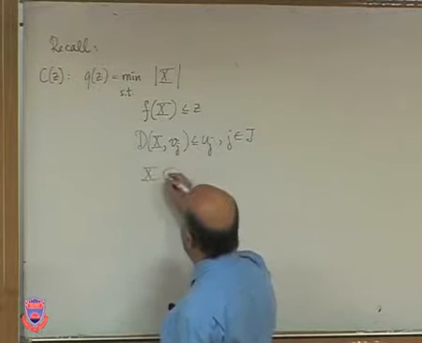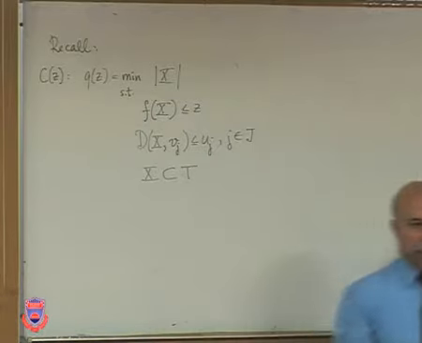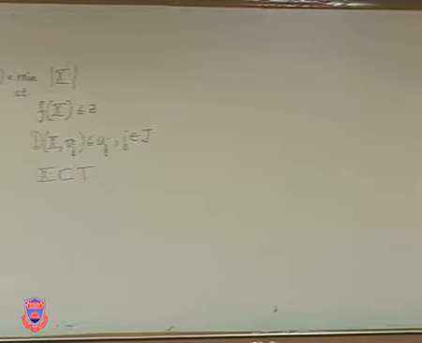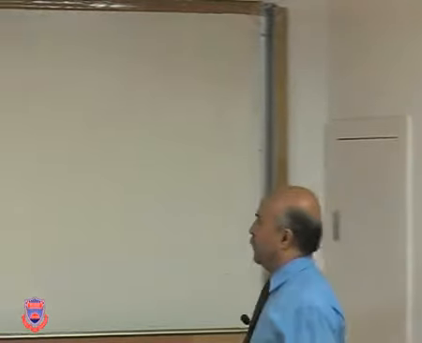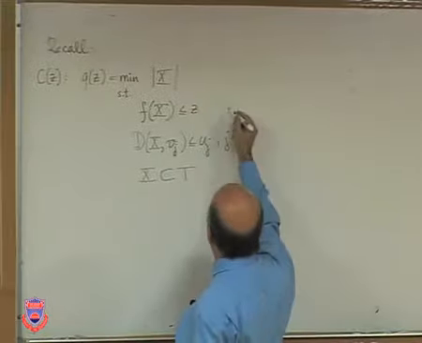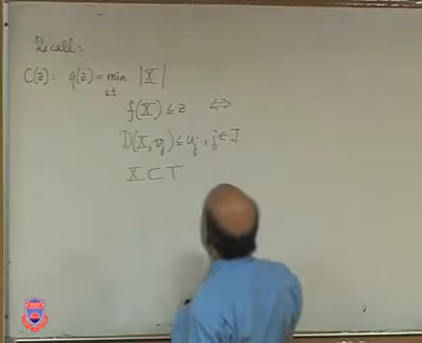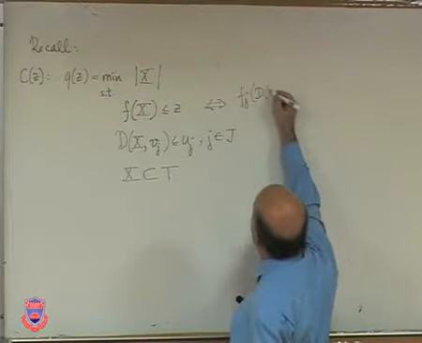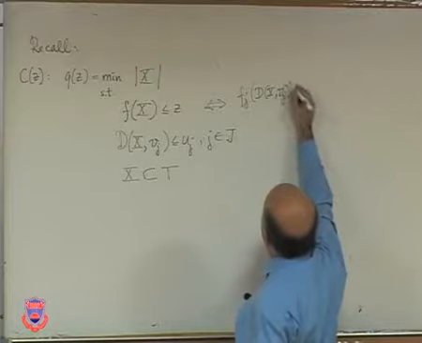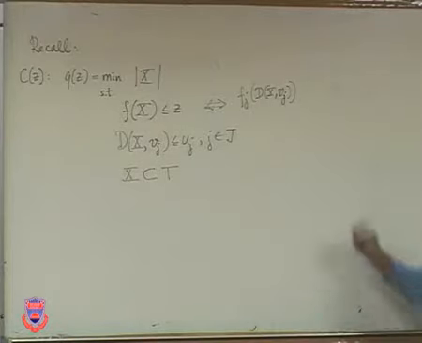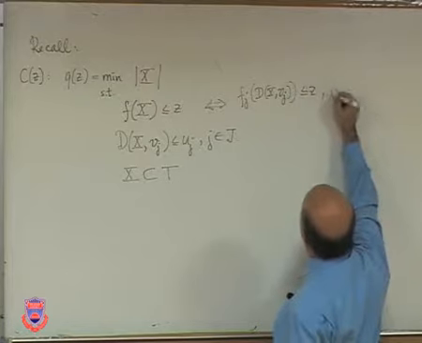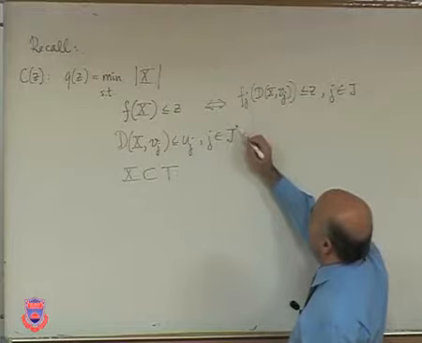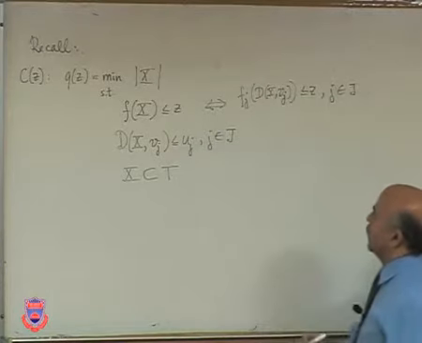And of course, x is some point set in T. Now, how do you solve this using cover? What you need to notice is that this particular constraint is equivalent to having each fj evaluated at dx vj being less than or equal to z. So that portion is that one. This portion, you can still include that.